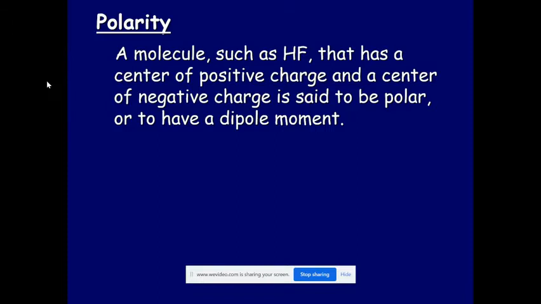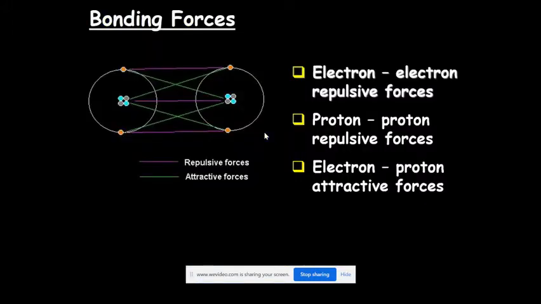Like they're sharing the electrons, but they're not sharing them equally, if that makes sense. This gives hydrogen a partial positive charge and fluorine a partial negative charge. And the fact that it has these two partial charges is what gives it a dipole, or two poles, meaning it is polar.